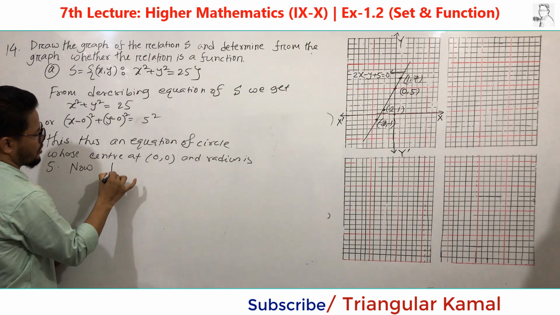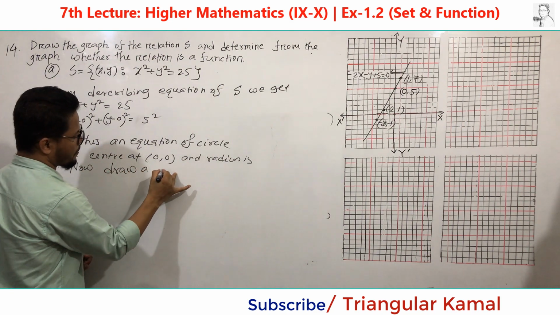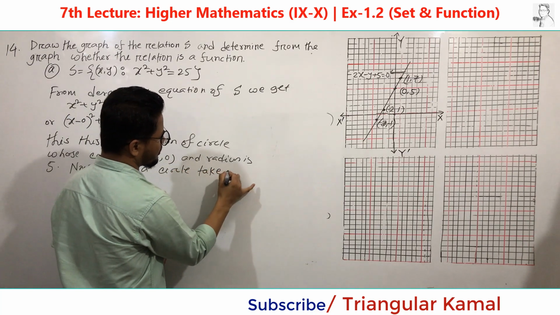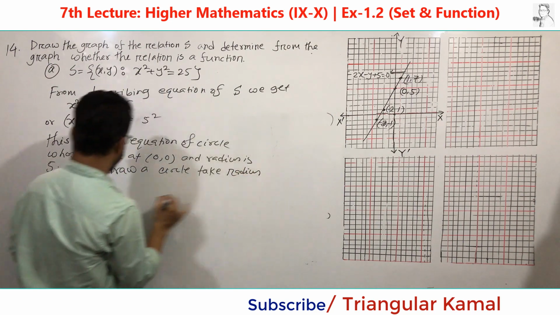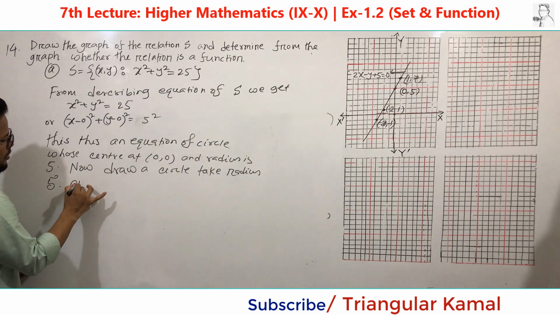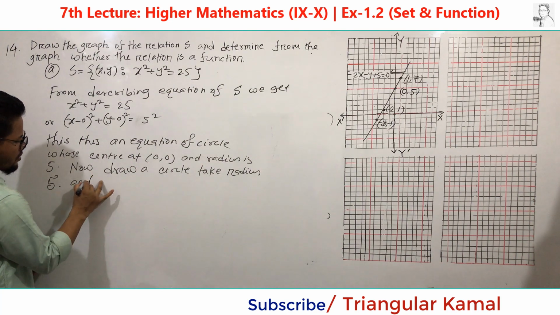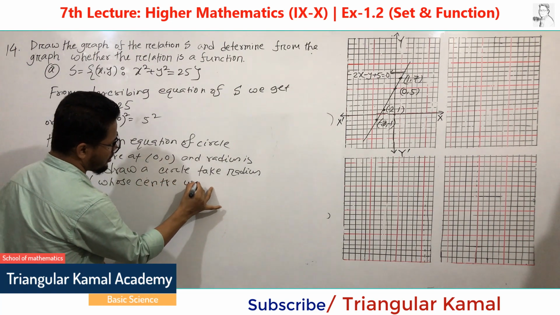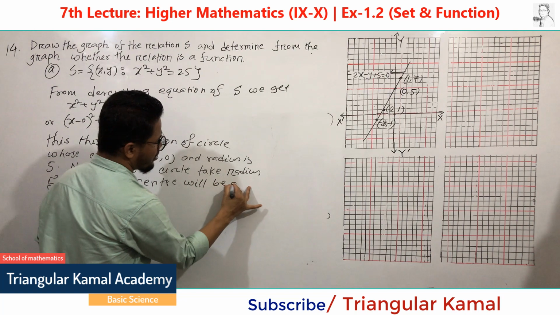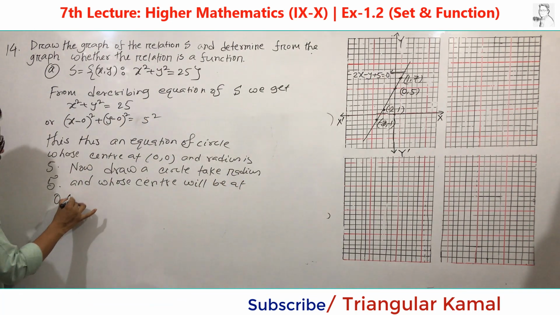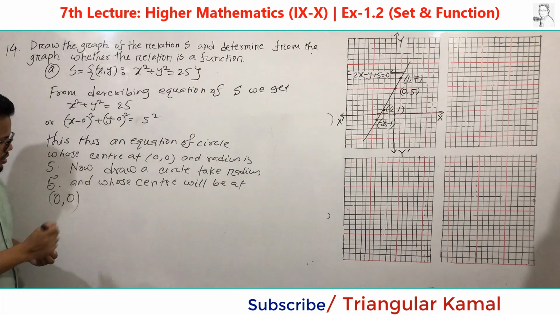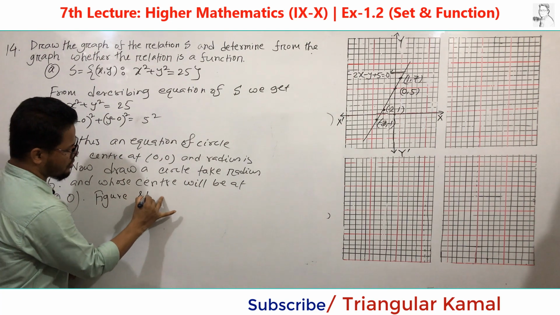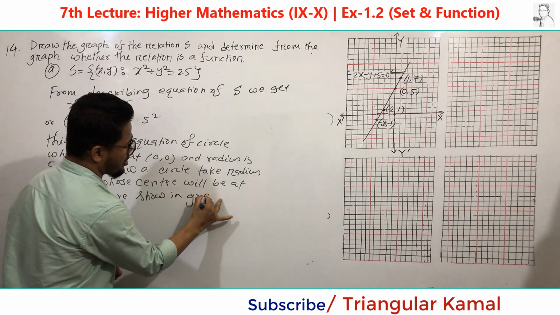Now draw a circle taking radius 5 and whose center will be at (0, 0), and the figure is shown in the graph.